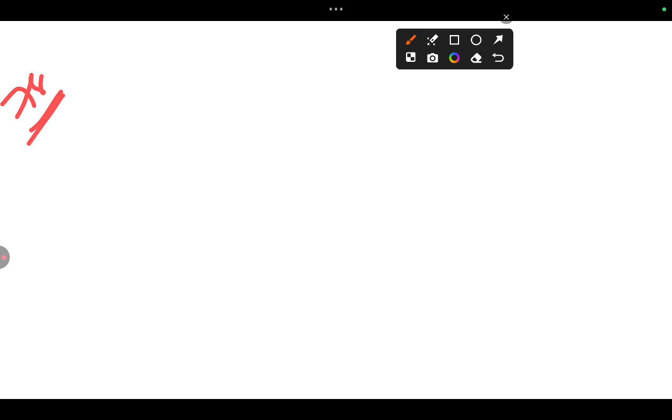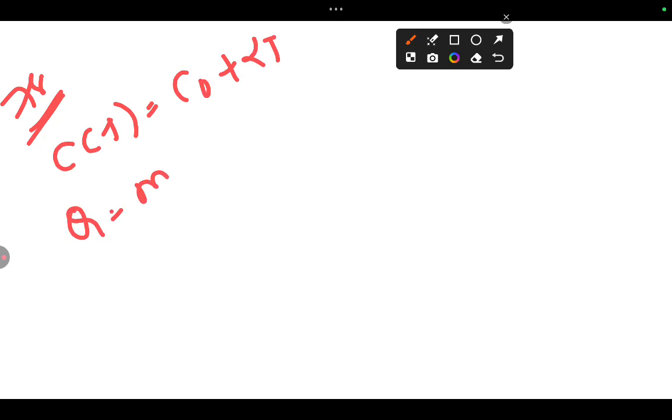Okay, no problem. In question number 78, it is clearly given that C equals C naught plus alpha T, and we have the formula Q equal to MC delta T, with temperature ranging from T1 to T2.